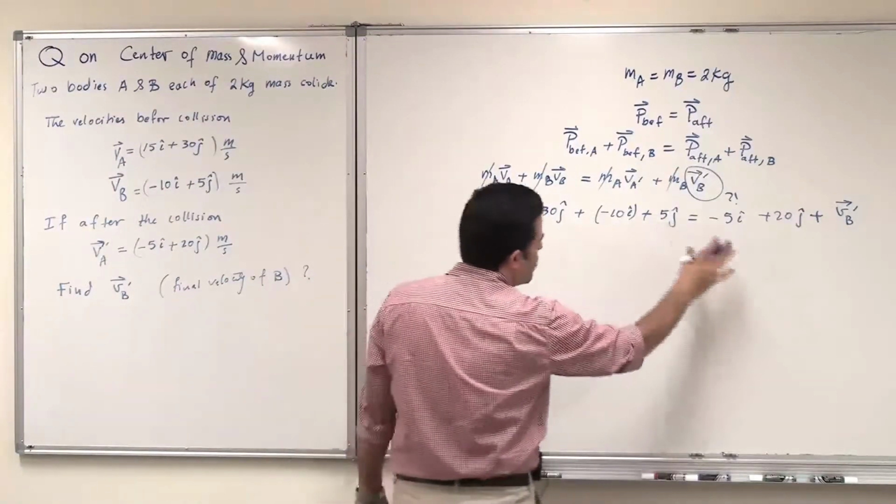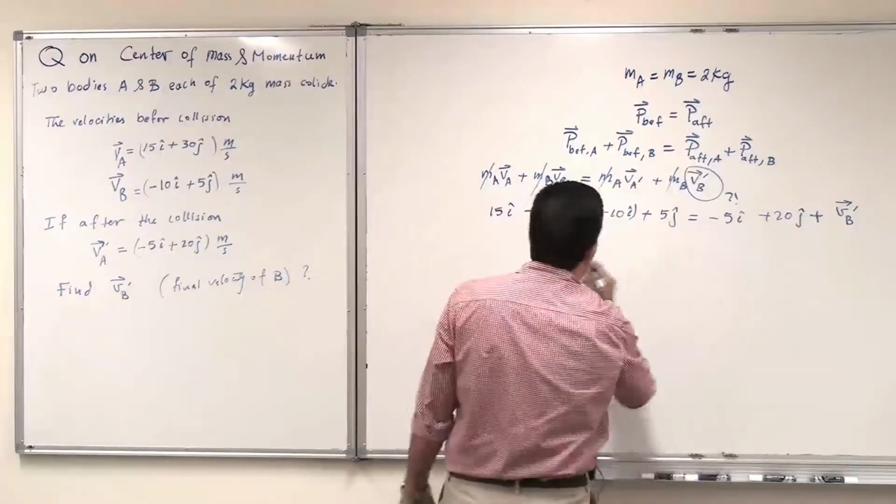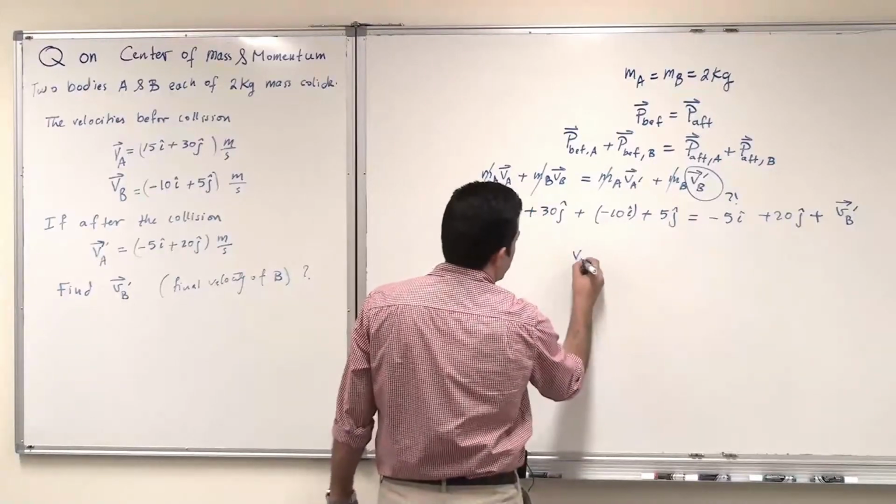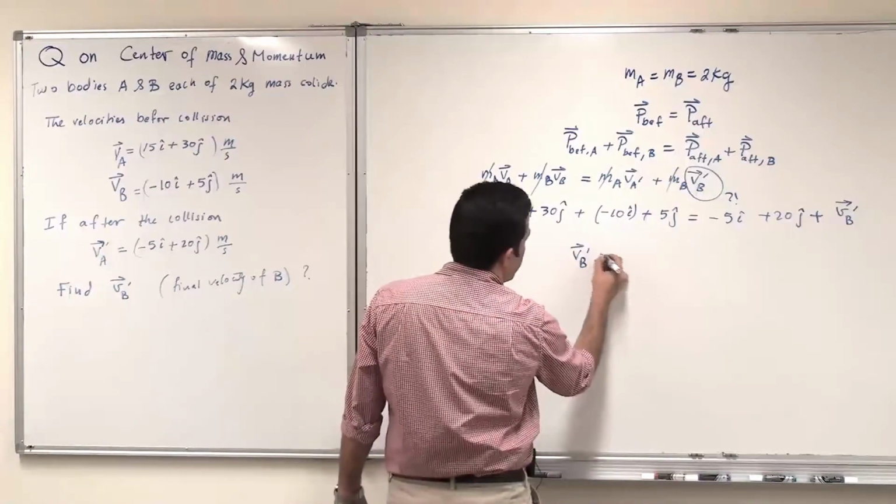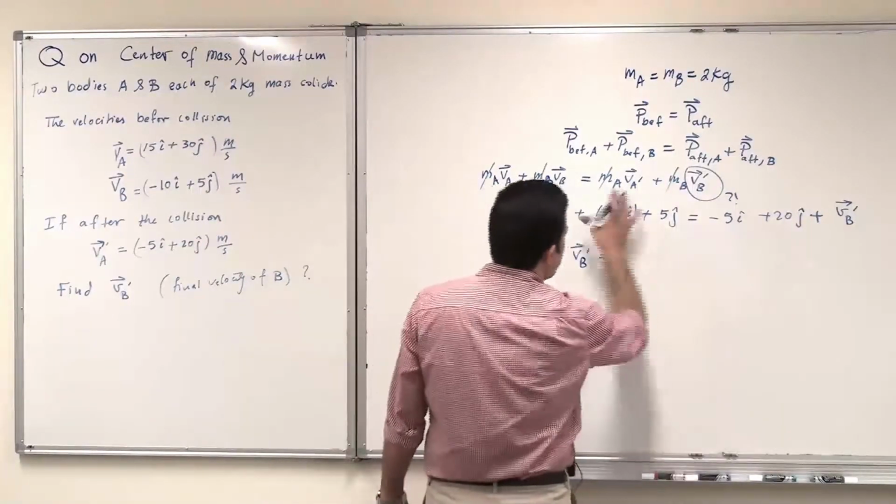So I can just rearrange. So VB prime will be on one side, say like this side, and I can move this here.